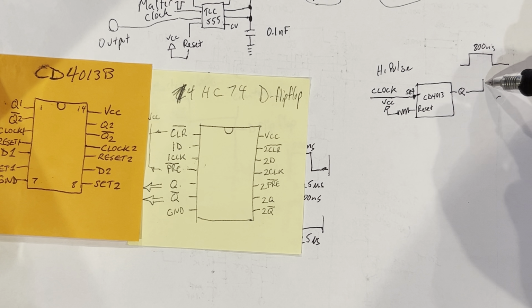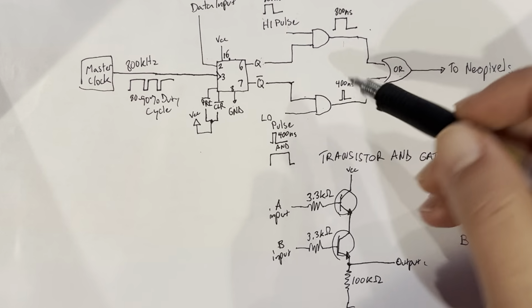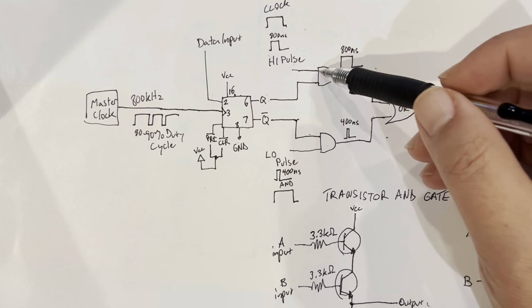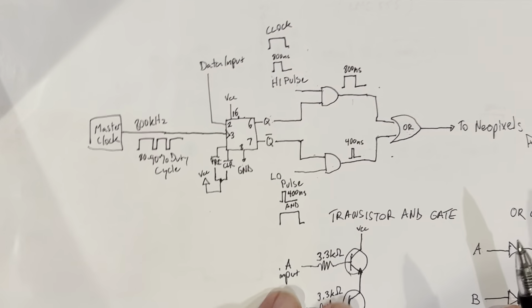And so all I had to do was tie the Q to the other side of the AND gate on the high pulse, and that was it.